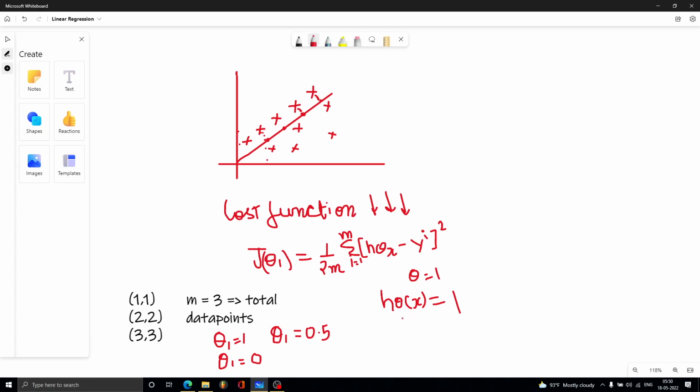Similarly, for 2 comma 2, x1 is 2, multiplied by theta 1 value which is 1, gives 2. So h theta of x will be 2 for this equation. Similarly for 3 it will be 3, simple.